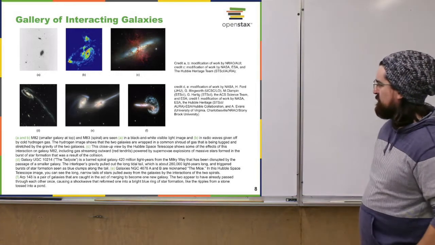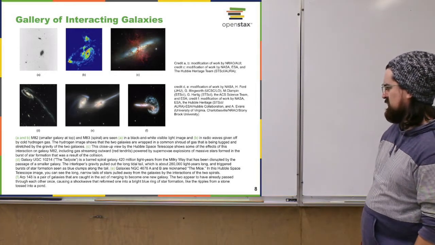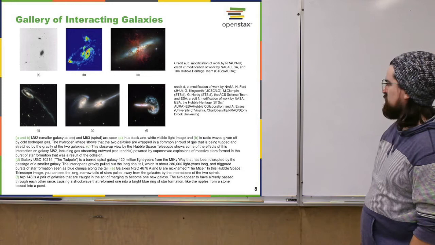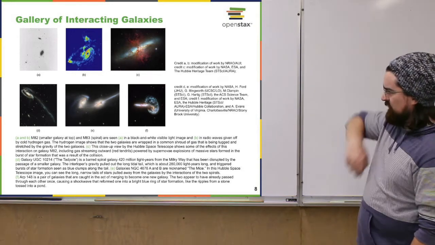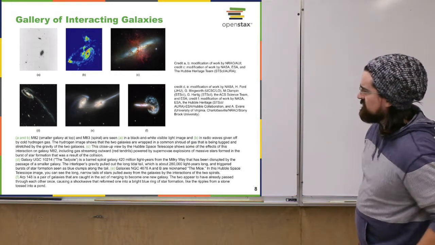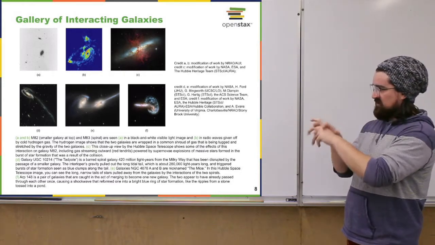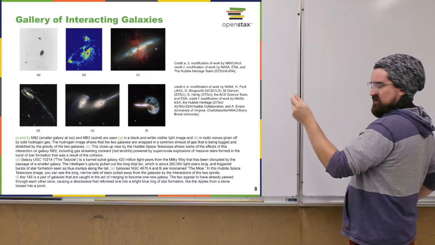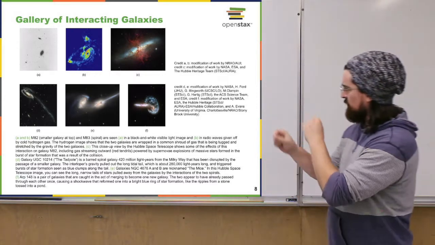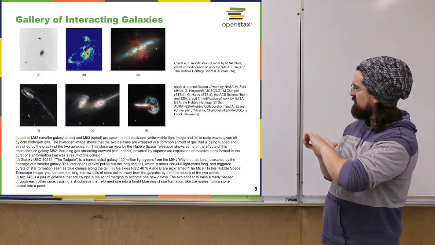Then down the bottom, a few other images, all, I believe, in the visible range, probably from Hubble. The bottom left, D, probably a larger spiral galaxy that interacted or collided with a smaller one and just stretched it out. E is a couple of spiral galaxies probably interacting.